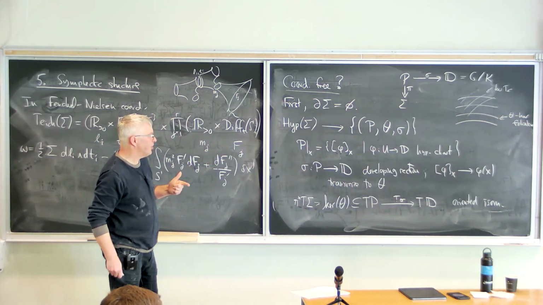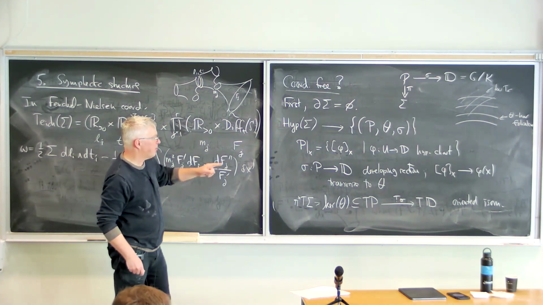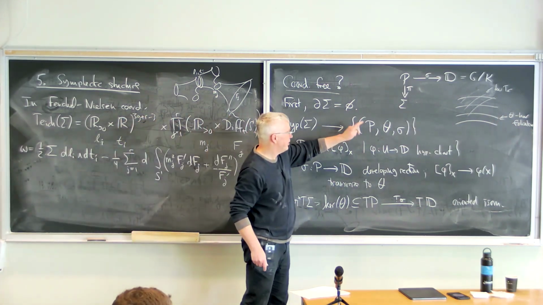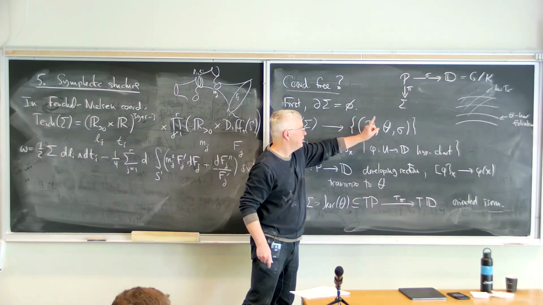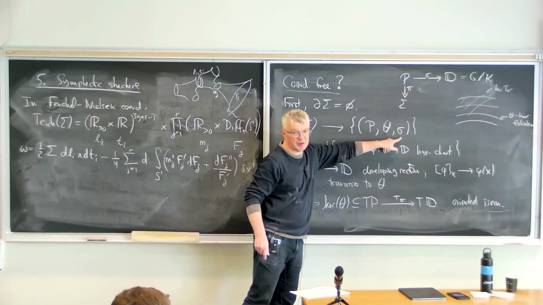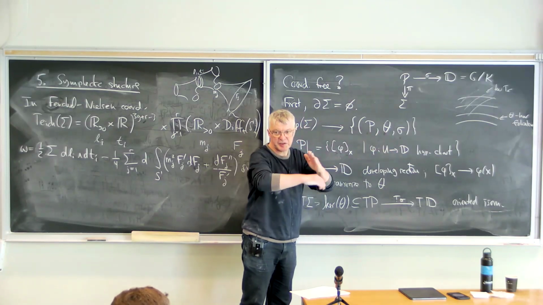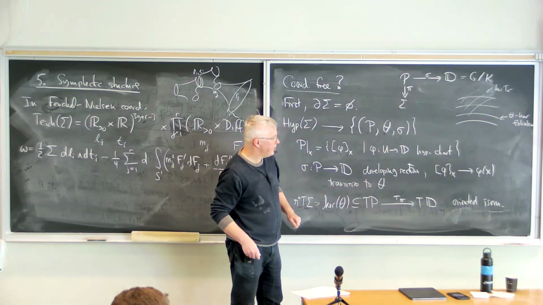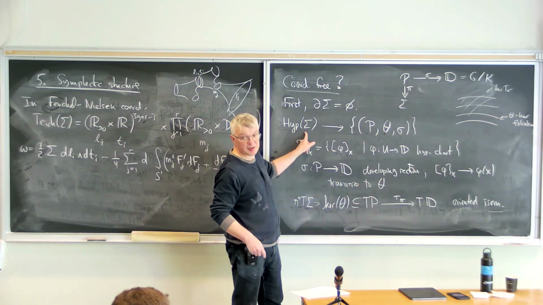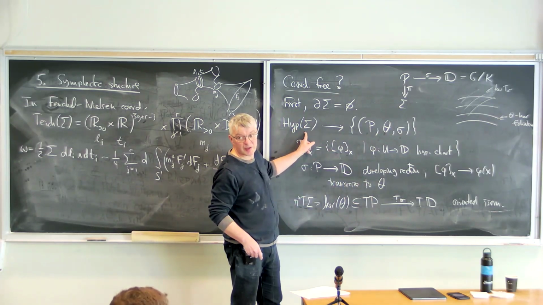And yeah, why is this important? So I'm claiming that if you have such a triple, principal bundle, flat connection, and developing section, satisfying this transversality condition, then you get a hyperbolic structure.